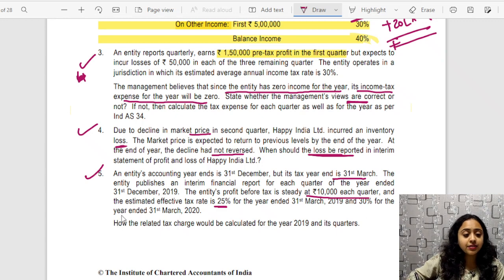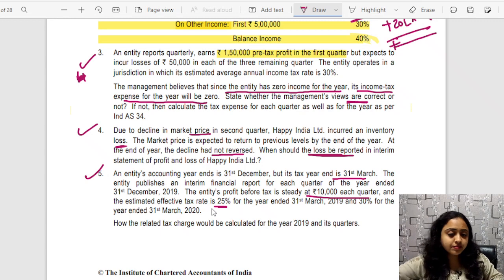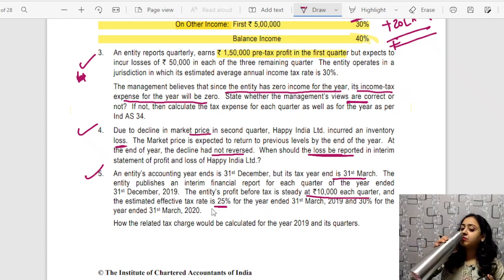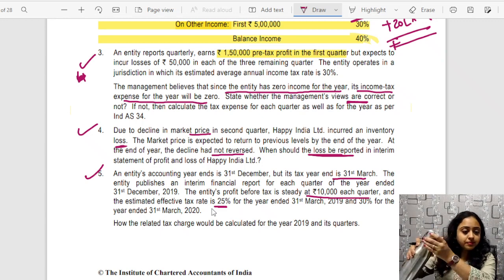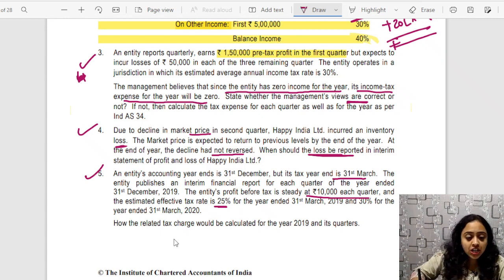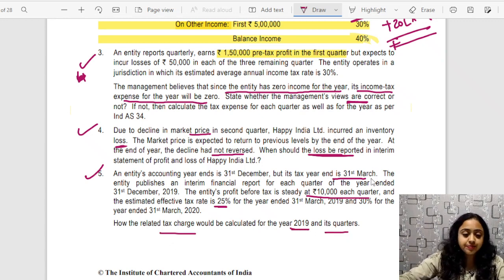Then 30% for the year ending 31st March 2020. How would the related tax charge be calculated for the year 2019 and its quarters?